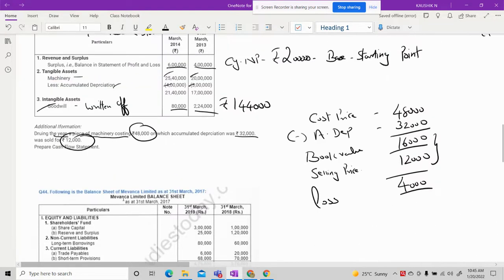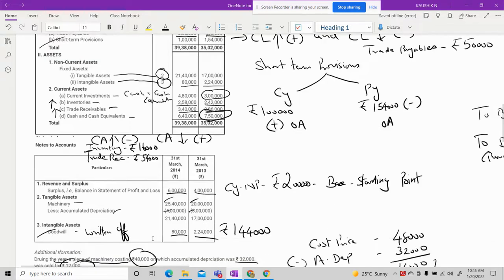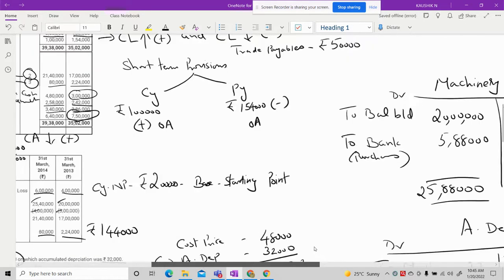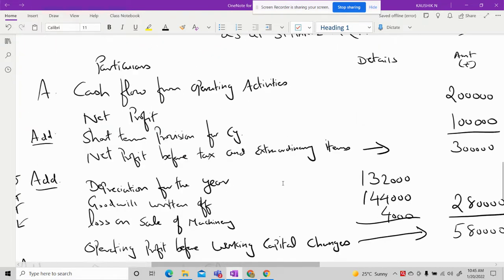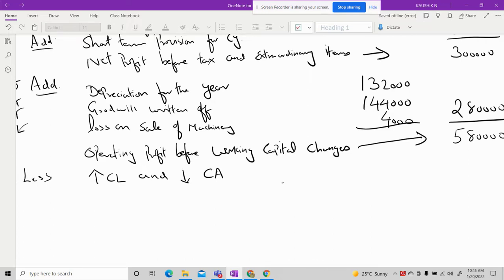We had the current liability, trade payable, getting decreased, so it should go for the less item. And none of the current assets has gone down, it has gone up. So we will have only the second category, that is less. We won't have the add category, so this will not find a place. Instead you should write it as less, decrease in your current liability and increase in your current asset.